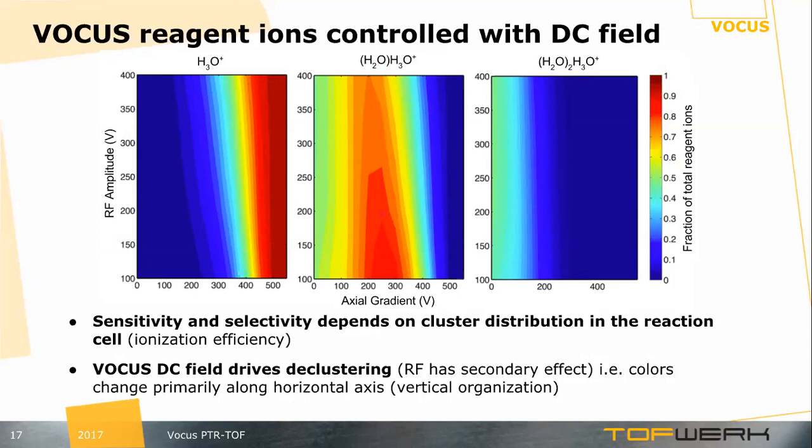And what that means is that the primary way that you're going to control your water cluster distribution is the same way you used to in a regular drift tube, and it's with this axial gradient. So this DC field that pulls ions along the tube. And the RF then has a secondary effect. So the lines aren't perfectly straight, but they're very straight on average. So the way you control the water cluster distribution is, again, with a DC field.